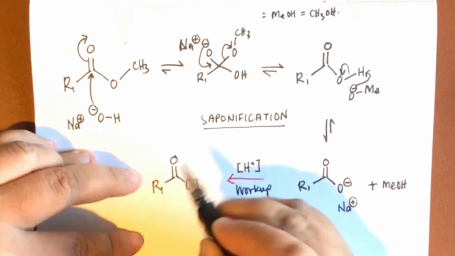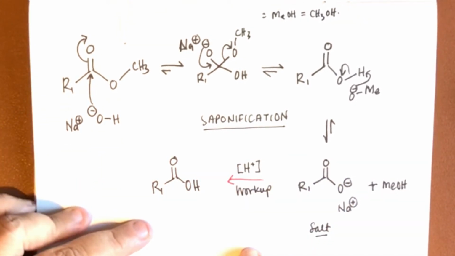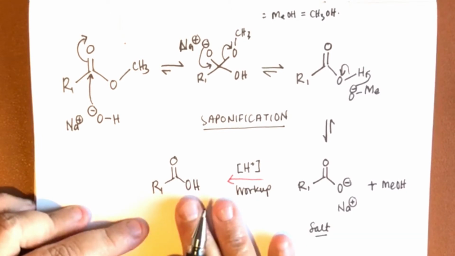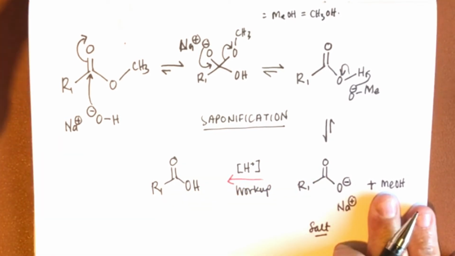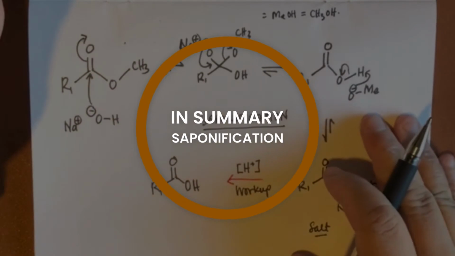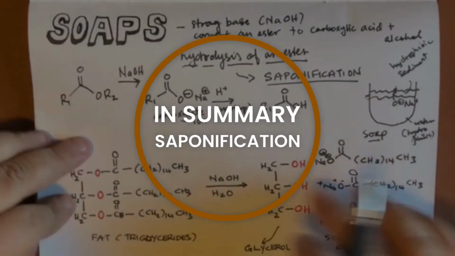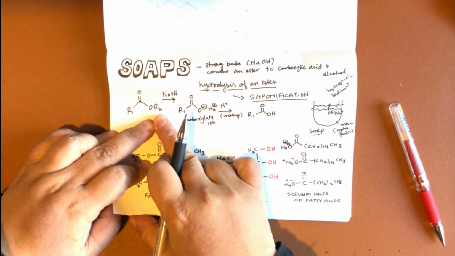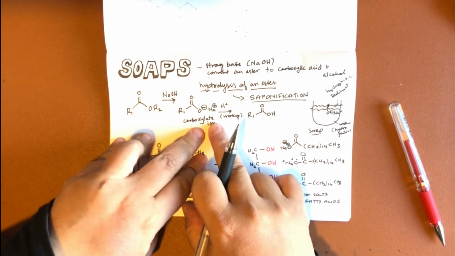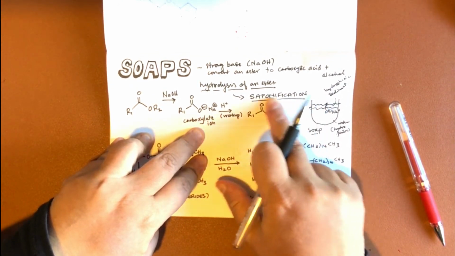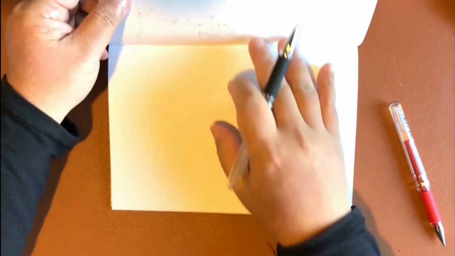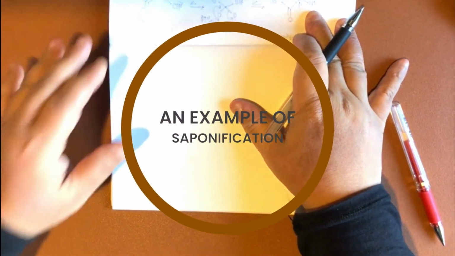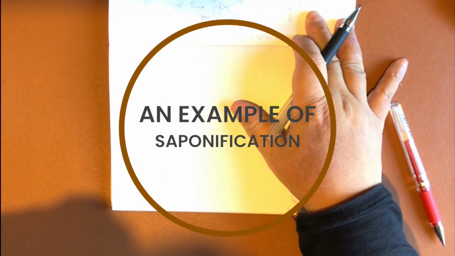Okay. So that's all for saponification, the hydrolysis of an ester to form the carboxylic acid again. Now, let me then perhaps discuss one more reaction.